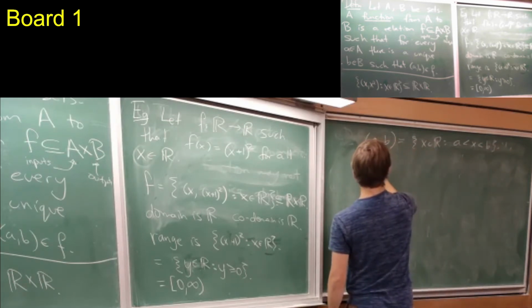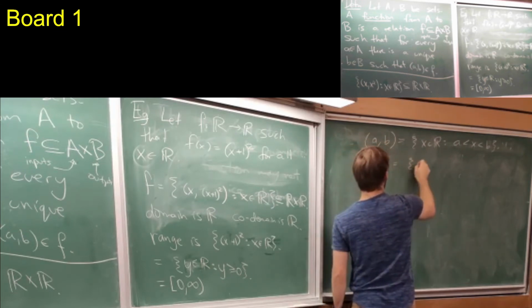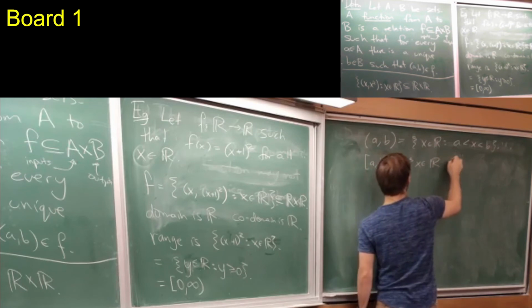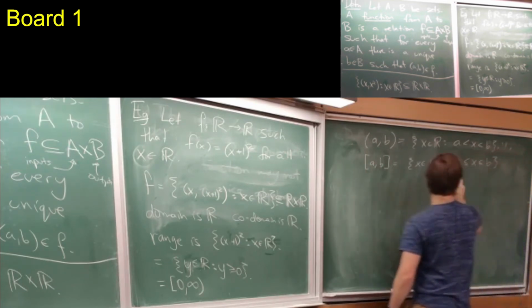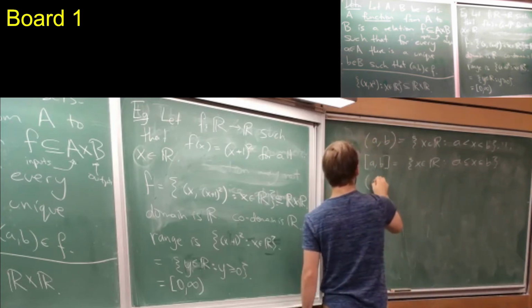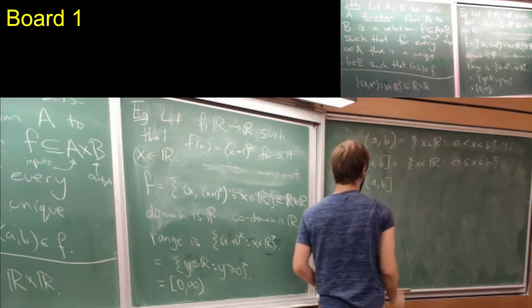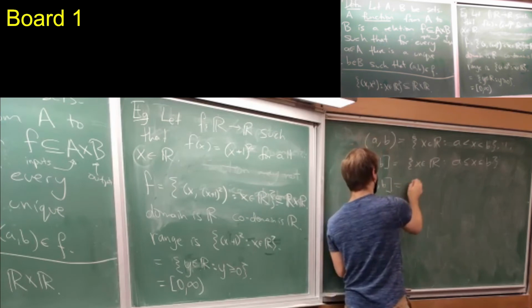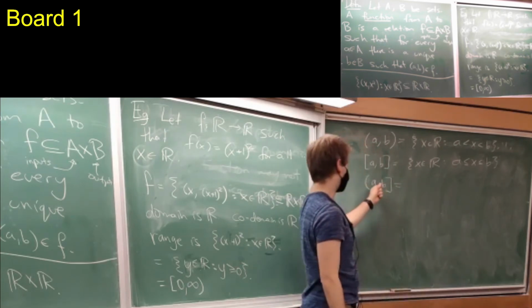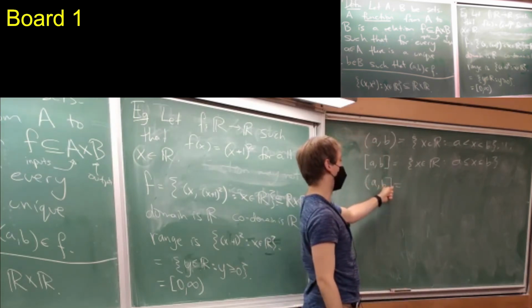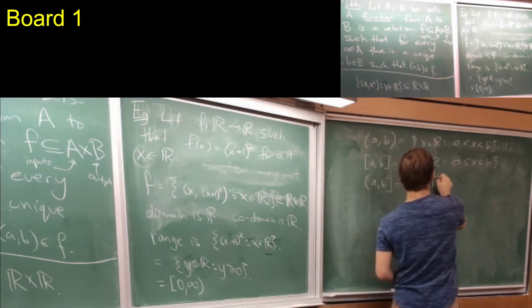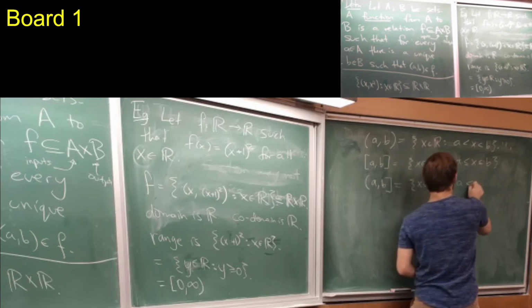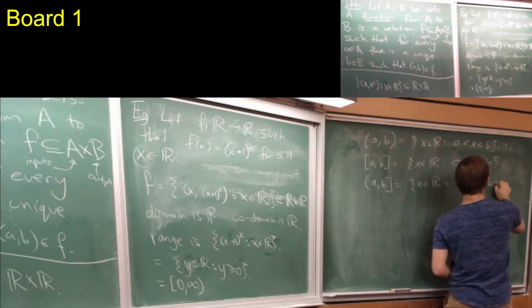If you write closed square brackets, that's the real numbers between a and b inclusive. And if you mix them up, this is a perfectly valid thing to write. It just means you have to be strictly bigger than a and less than or equal to b. So it's x in R such that x is bigger than a and less than or equal to b.